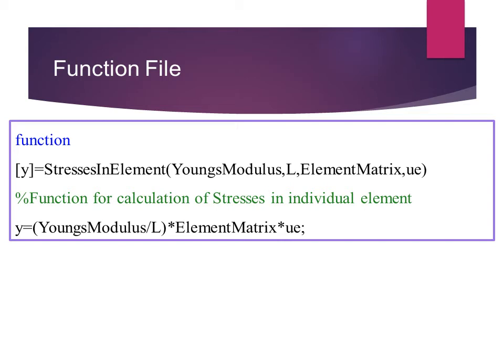Young's modulus, length, that is capital L, the element matrix and UE. But sigma, that is y here, is equal to Young's modulus upon L, that is E upon L into the element matrix, and this element matrix we already defined, that is minus 1 1, into UE, and for the recalling of the function file I am using U1 and U2. So it is ultimately the function of sigma.